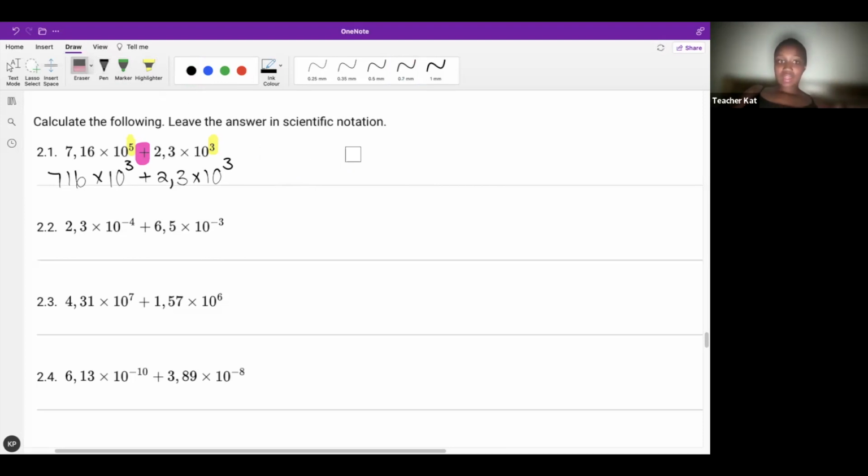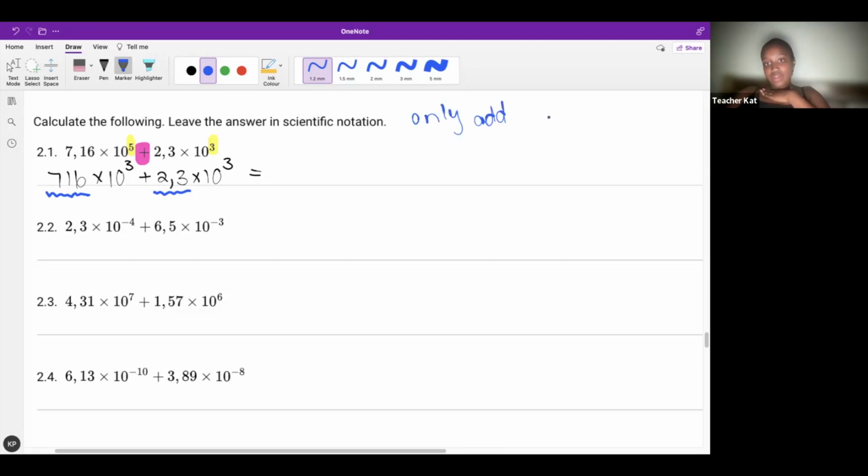So now can I add them? We have 10 to the power of 3, 10 to the power of 3. Is it possible to add them? But what do we add? We only add the coefficients.